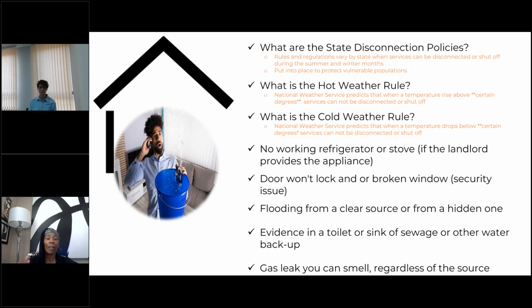The landlord has every right to go into the unit above to find out where the issue is coming from, because that is an emergency causing damage not just to their unit but to the other unit as well. That's just an example. Evidence of a toilet, sink, sewage or water backup can be a health and safety issue. And a gas leak is always an emergency, regardless of where the source is.